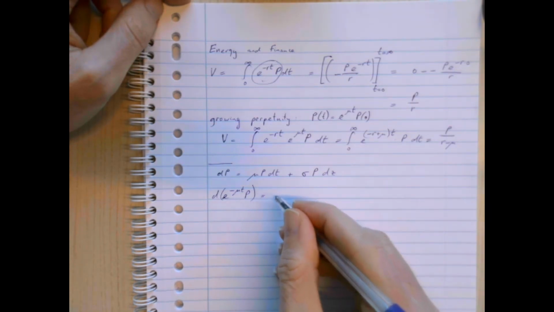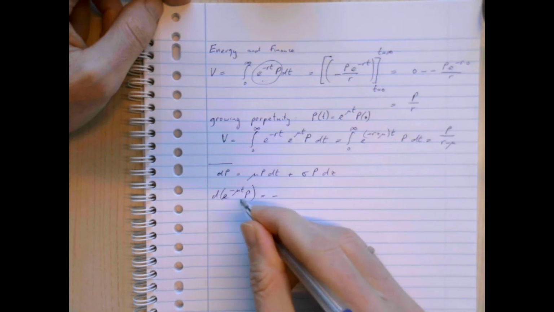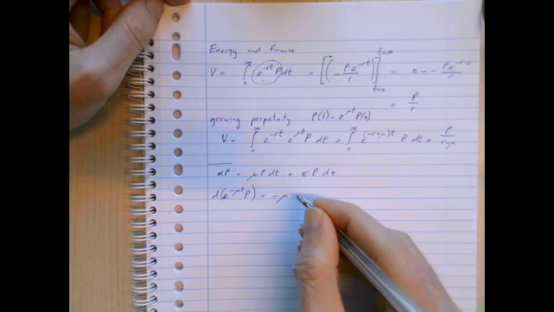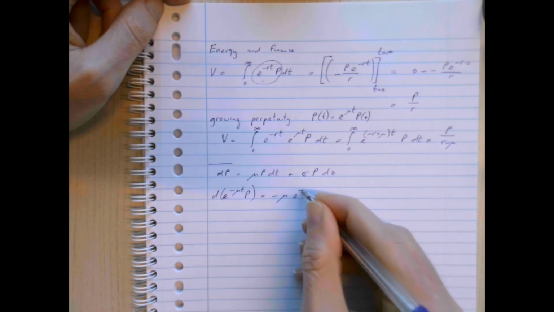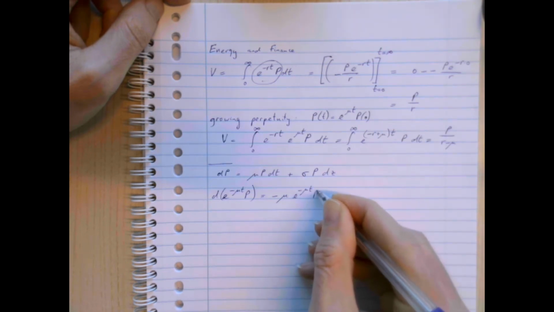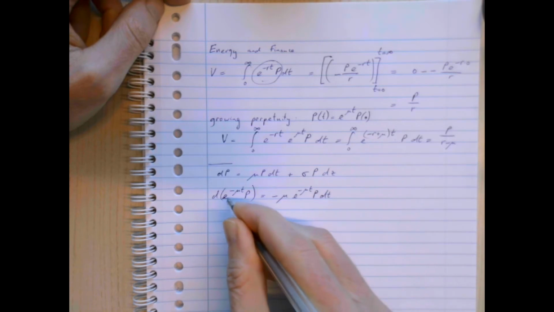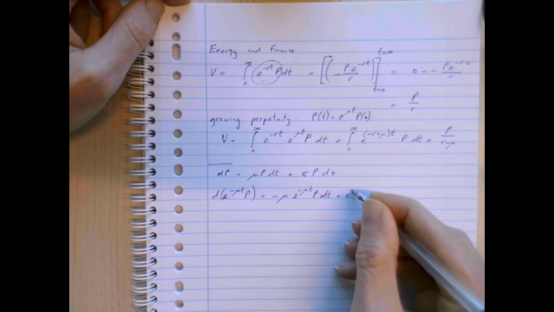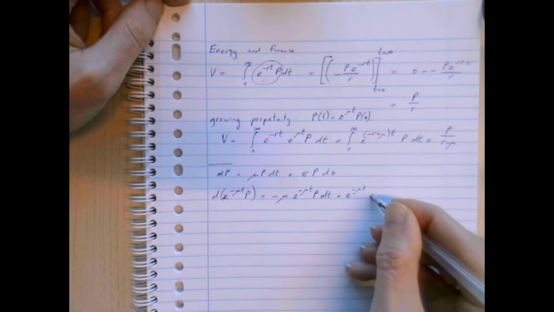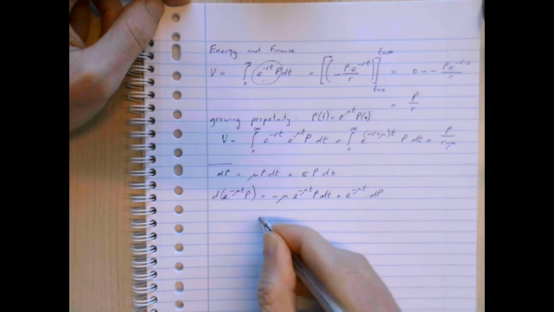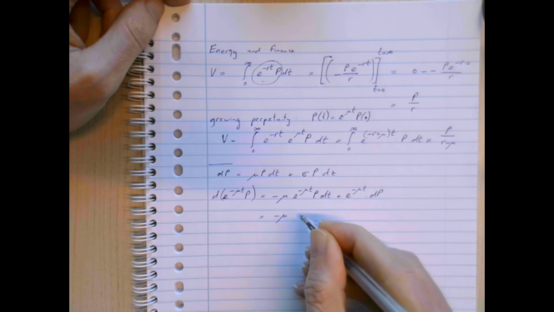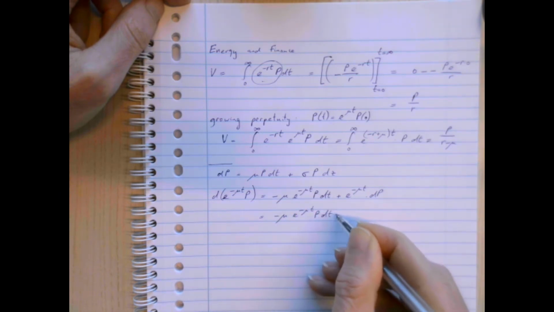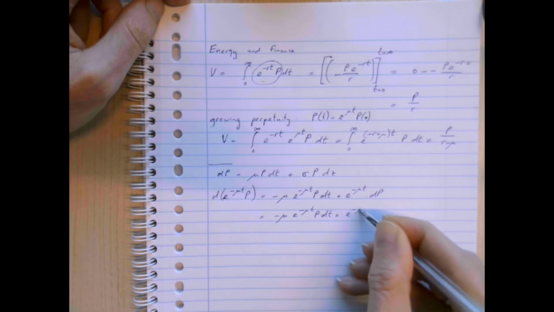So this gives rise to two parts. It gives rise to the derivative of the first part, minus mu times e to the power minus mu t p dt, plus the derivative of the second part, plus e to the power minus mu t dp.